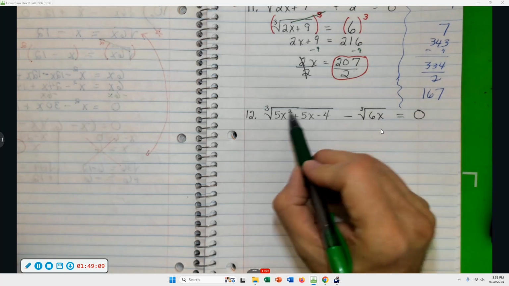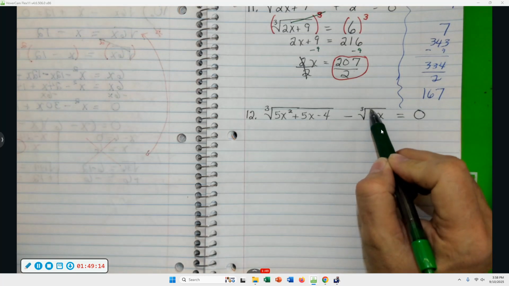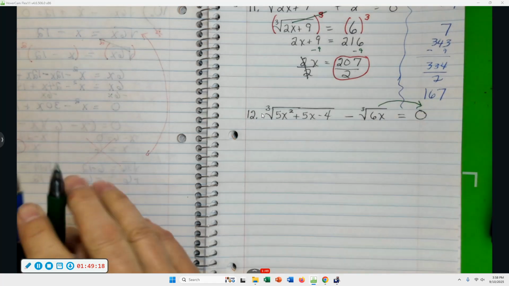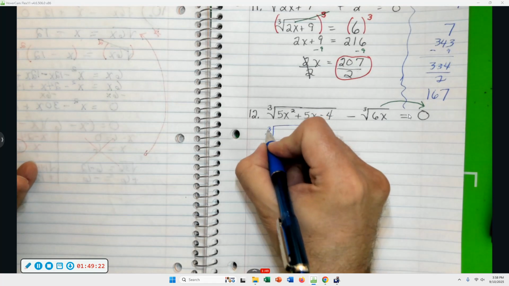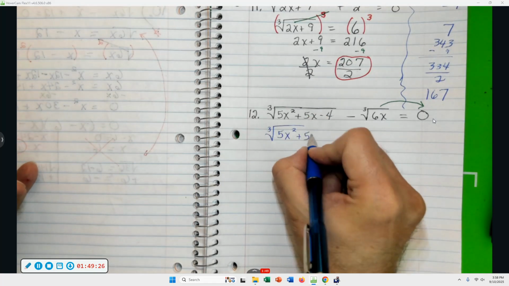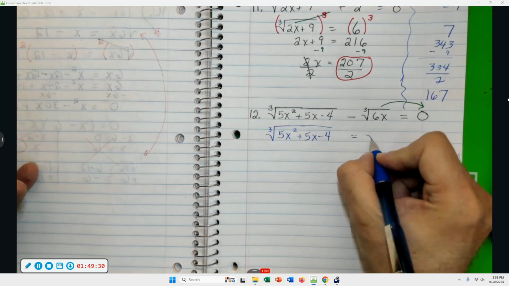Move the first one over to the right or move the second one? The second one. If you move the first one, that radical is no longer isolated. You'd have a negative there. Moving the second one, the minus changes to a positive, so we're now isolating both radicals in a single step.